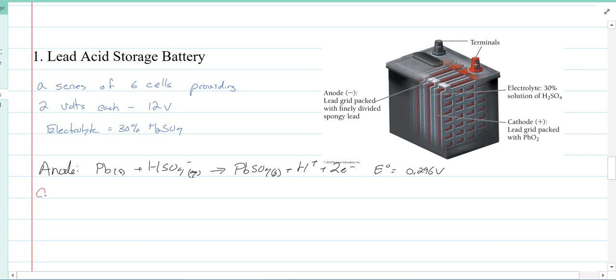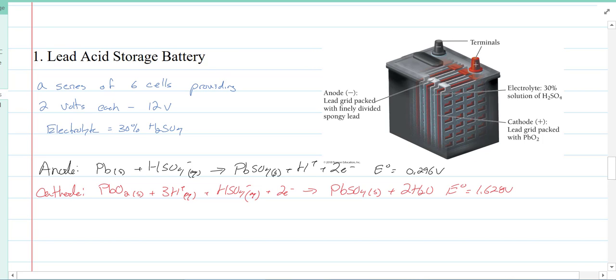The cathode, we have lead 4 oxide plus 3 H pluses plus HSO4 minus plus 2 electrons going to PbSO4 solid and 2H2O, which is 1.62 volts.